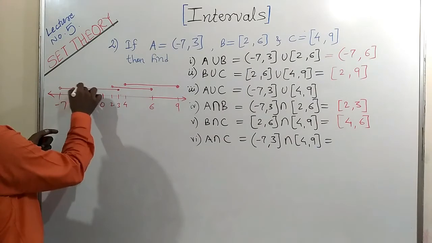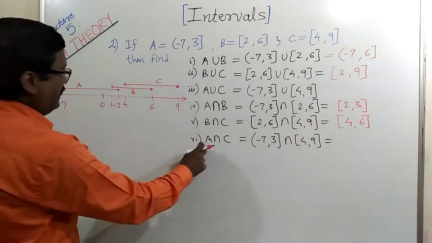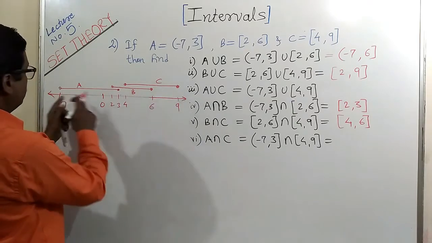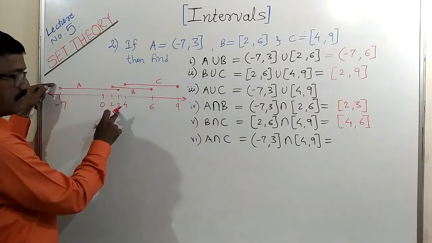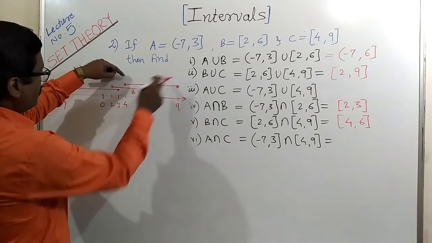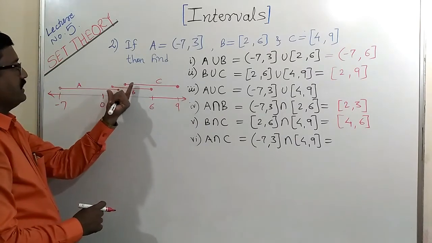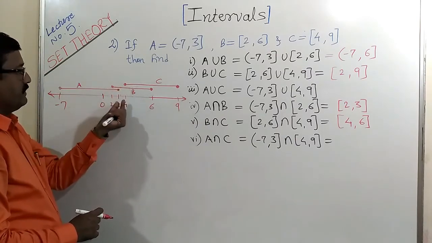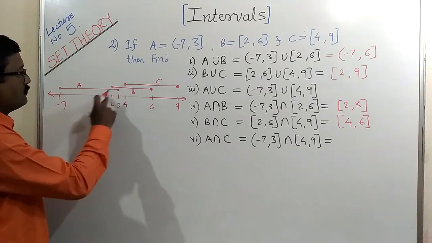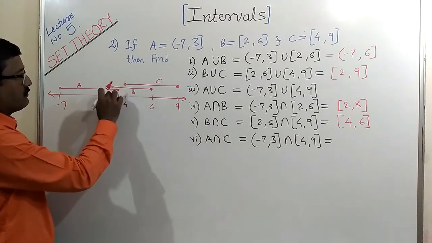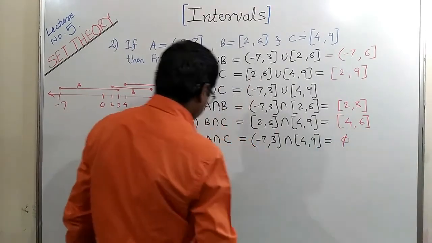This is A, this is C. And A intersection C: A starts from open minus 7 to close 3, and C starts from 4 and ends at 9. So there is nothing common between A and C. This part, 3 to 4, is not in both segments. So these two have nothing in common, so their intersection is the empty set.